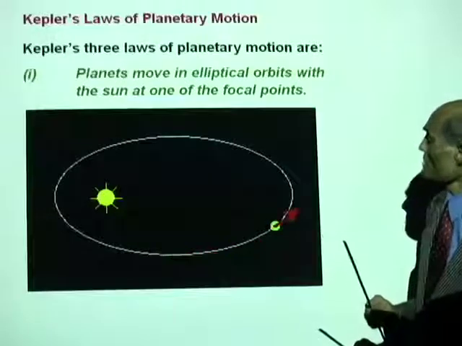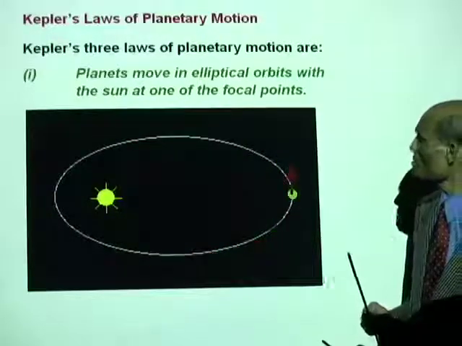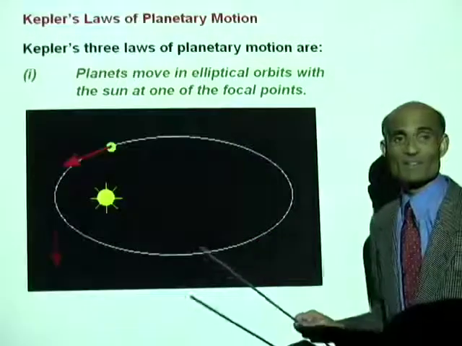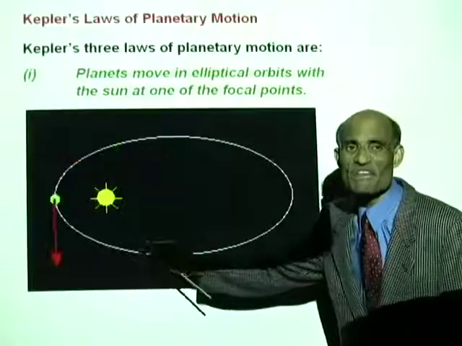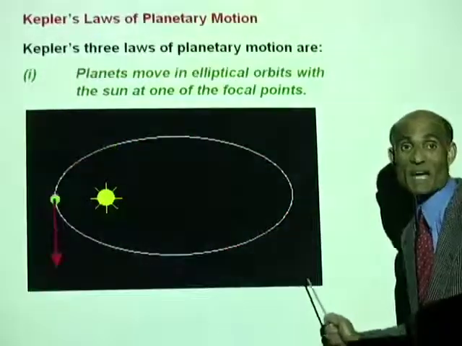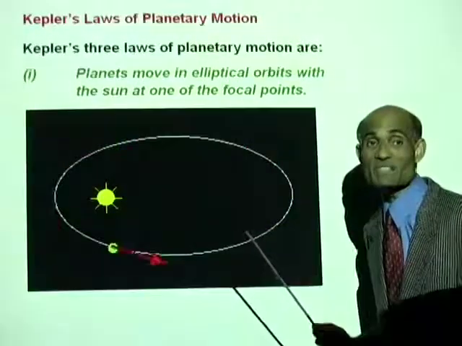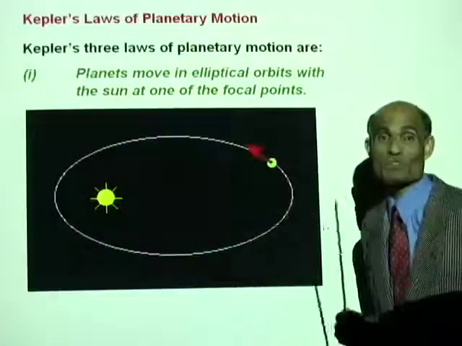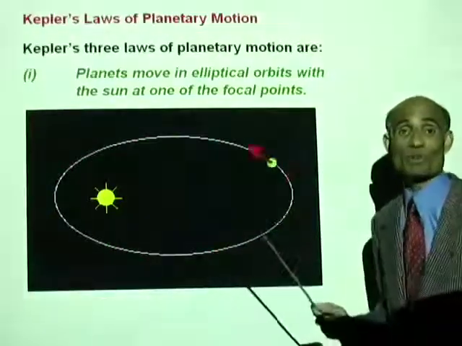Do you notice anything that is significant in the motion of this planet? Did you notice that the planet moves a little faster when it is closer to the sun than when it is farther away? Did you see that? Well, that is a characteristic of the motion of planets along the elliptical orbit.